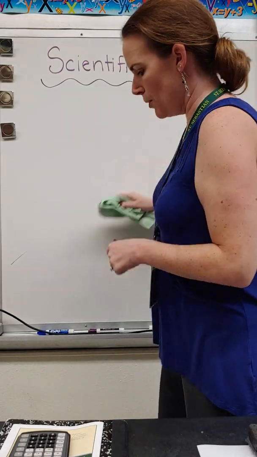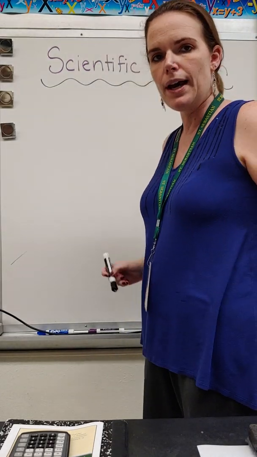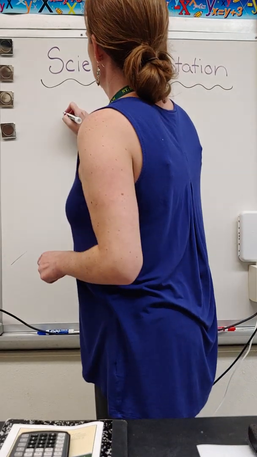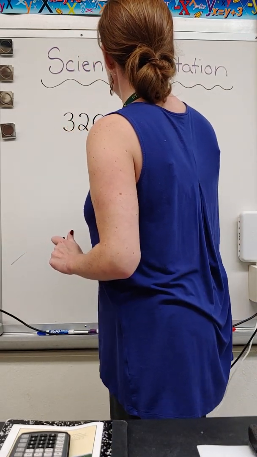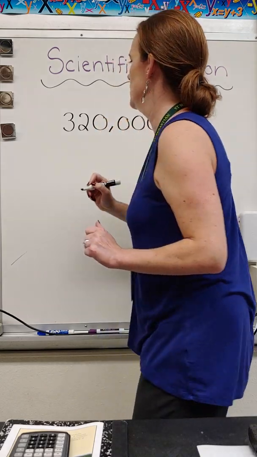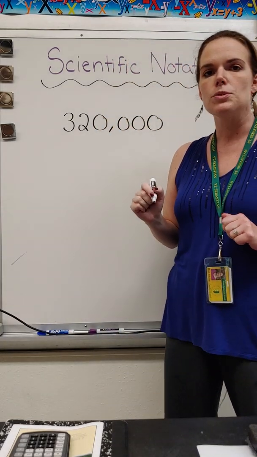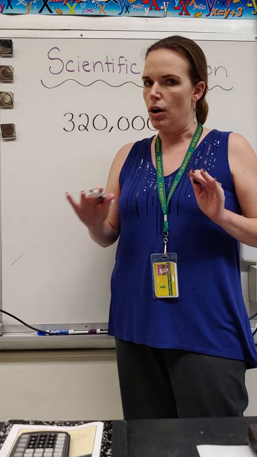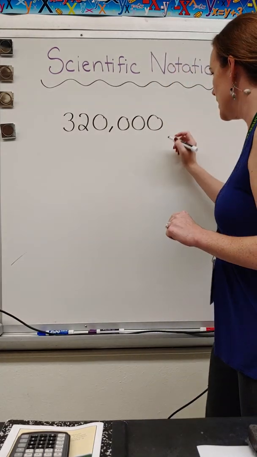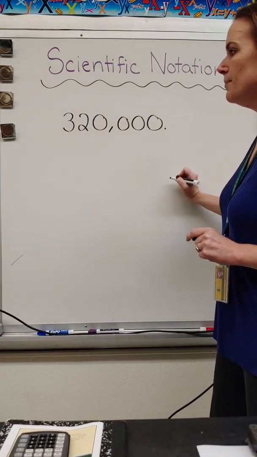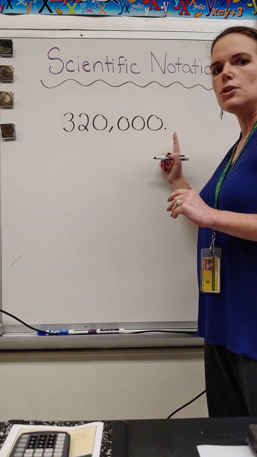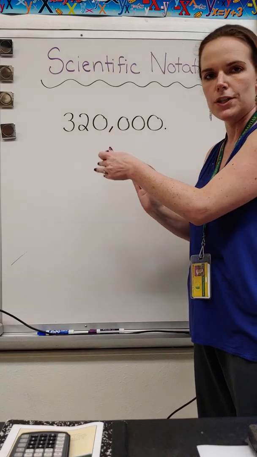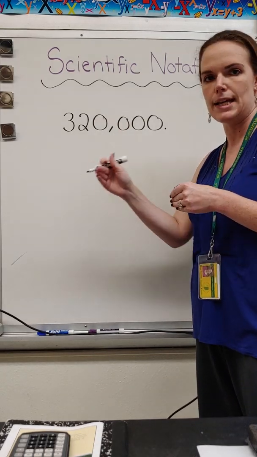So for example, if you have the number, let's say 320,000, you are going to take the decimal. All whole numbers have a decimal. It's just at the end of the whole number. And you move the decimal place so that you have that original coefficient number that's between 1 and 10.